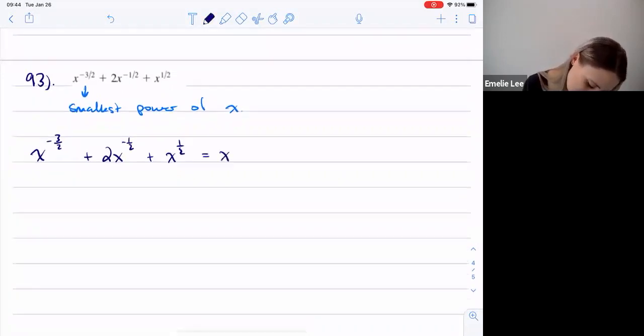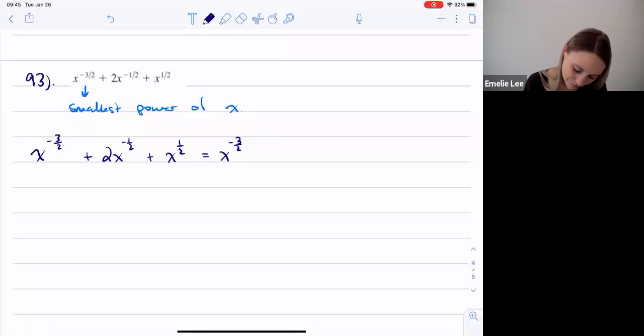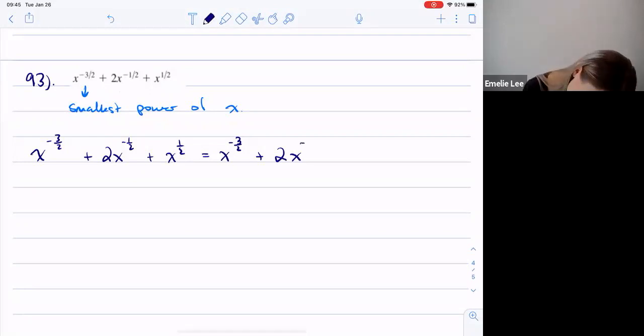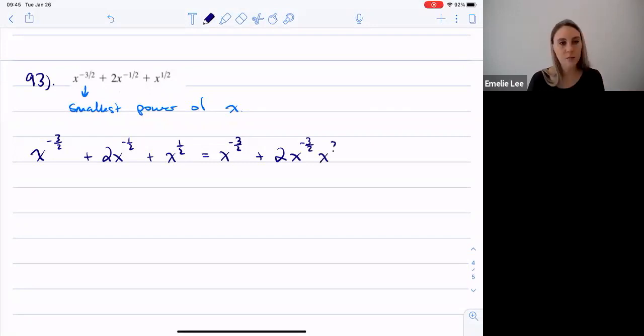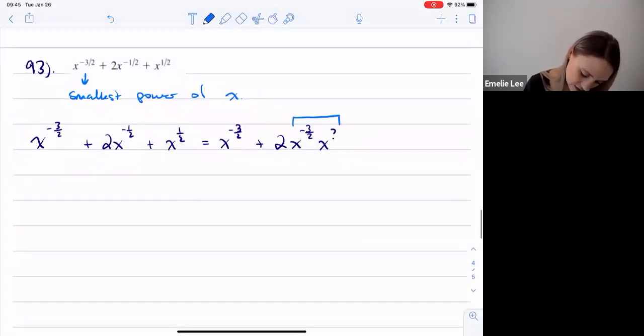So this is going to be x to the -3/2 plus 2x to the -3/2 times x to the power of, how should I write this so it's nice and clean? -3/2 times x to the power of what? Okay. Maybe that's how I'll write it for now. You might have a different way of doing it, right?